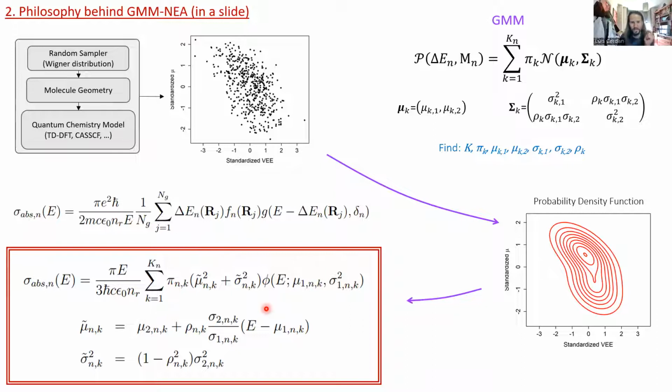So we not only don't need to define a broadening, we don't need it anymore in our assumptions. These equations are the most relevant result of our contribution, and it is what we call GMM-NEA.